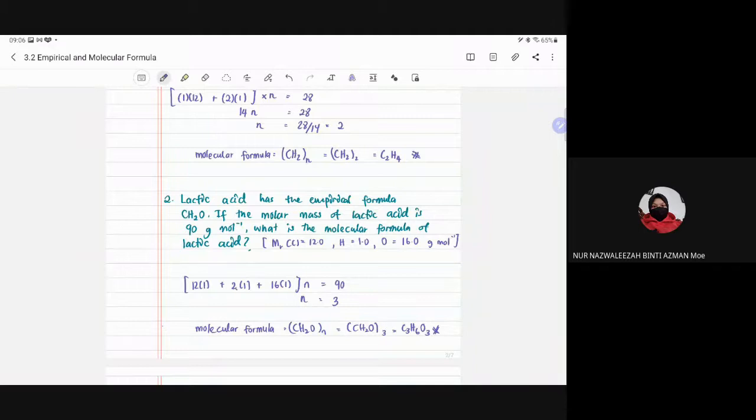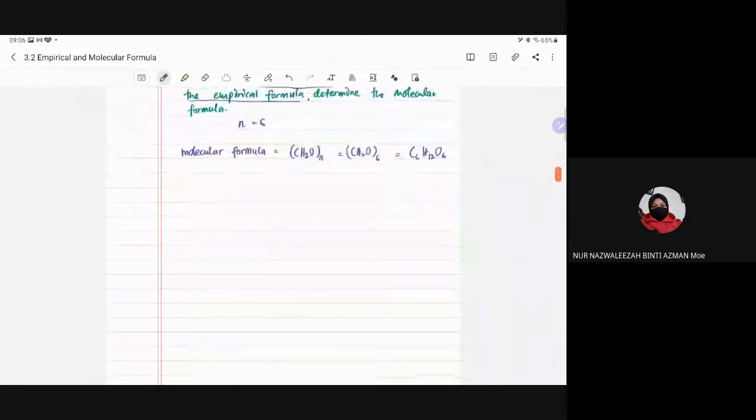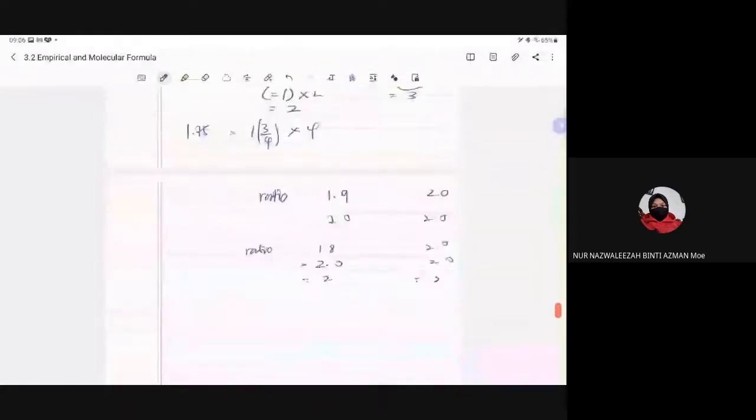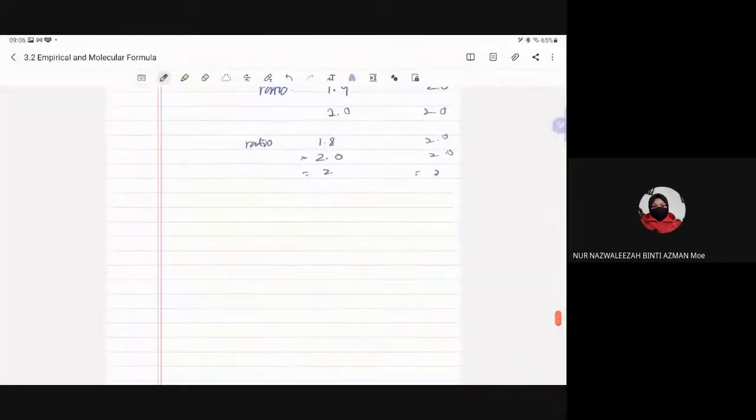Bila RAM tu fix, betul. Fix, tapi ada table RAM yang guna 2 decimal points. Ada yang guna 1 decimal point. So dia bergantung pada setiap exam lah. Most of the time dia akan guna 1 decimal point. Tapi kalau kamu Google, contoh macam mass of MR of hydrogen contohnya.